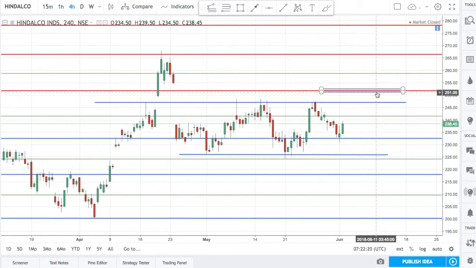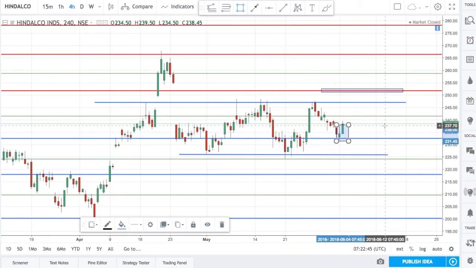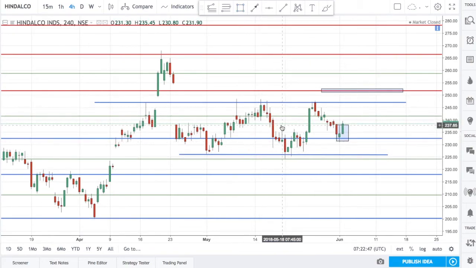Just keep in mind the probability of Hindalco pushing into this zone is highly likely this time around. Why is it? Because this time around on the retracement we had a strong bullish candle, which was not the case on earlier retracements.